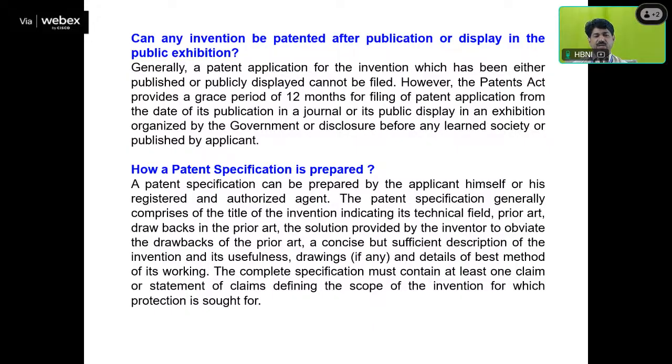Also, if it is related to the atomic energy program, then a patent will not be granted for that. So we'll continue from that.